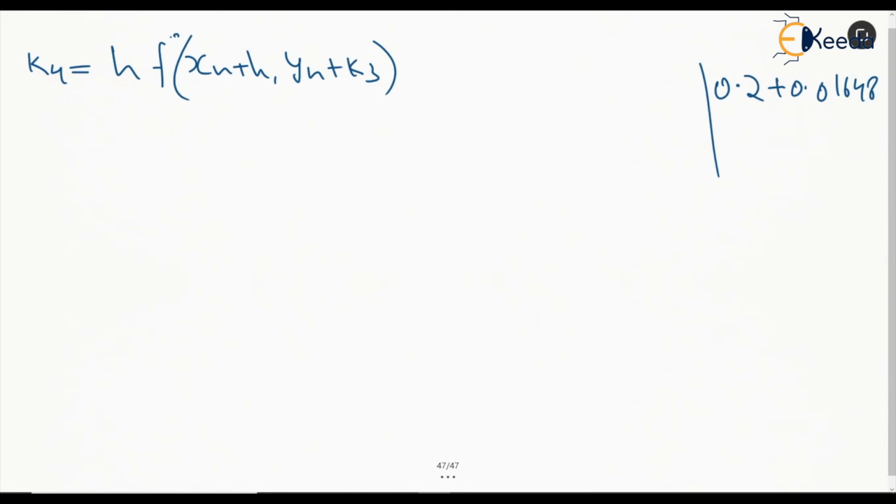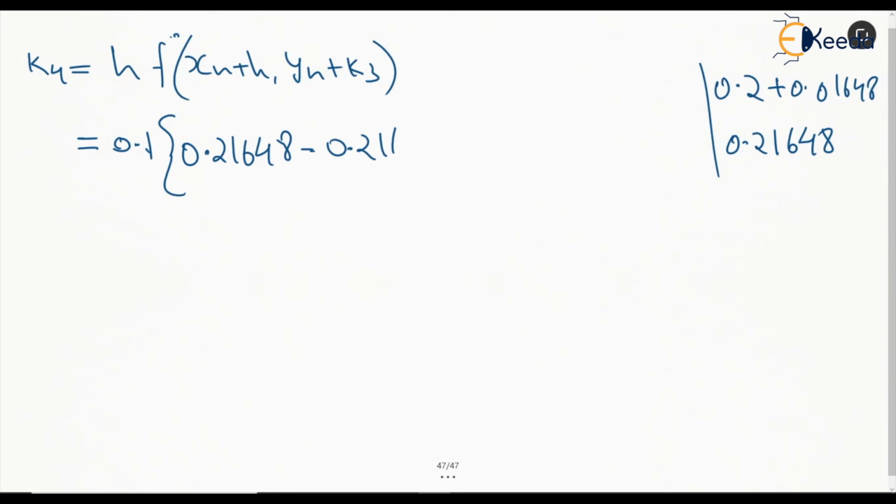So this is 0.21648, and this is going to be 0.1 times 0.21648 minus 0.21648 square. This is 0.01696.